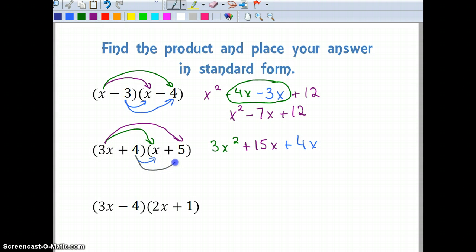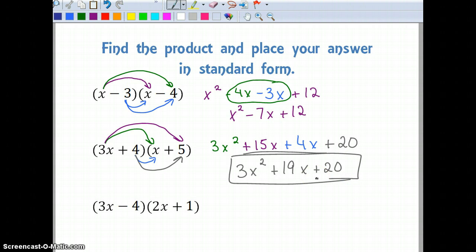And 4 times 5 gives me a positive 20. I'm going to go through and combine any like terms that I have. Positive 15x and 4x, what does that give me? 19x. So my final answer is 3x squared plus 19x plus 20.